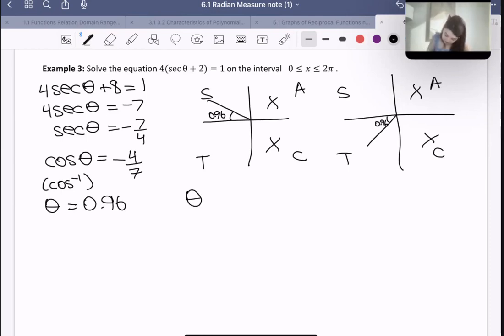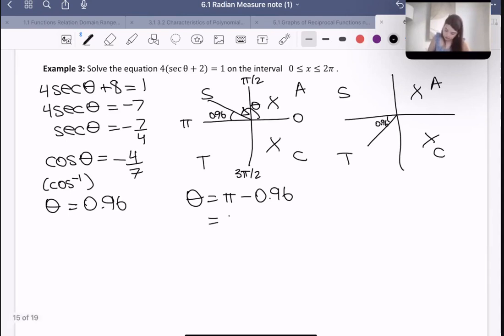Well, in this case, we have 0, pi over 2, and pi, 3 pi over 2, right? So in this case, it's going to be pi minus 0.96 to get us this first angle here, this first theta. And so that's going to be equal to 2.18 approximately.